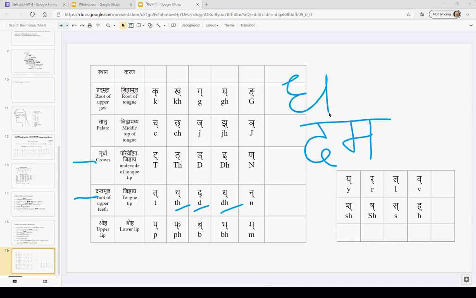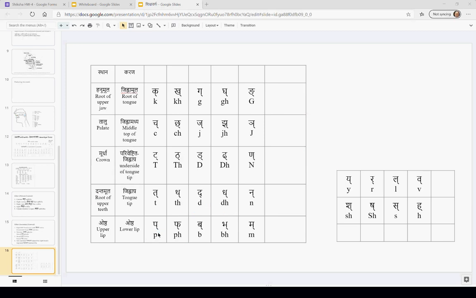Dha, like you said, dharana, dha or dhara. Dharana, it should be back of the teeth. And pa, these are simple, I think.